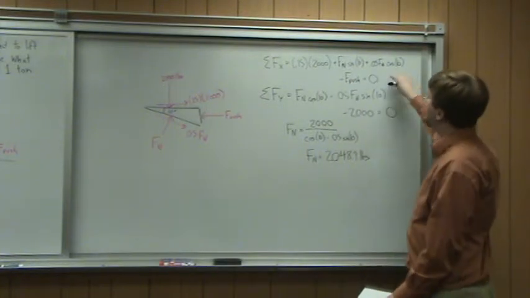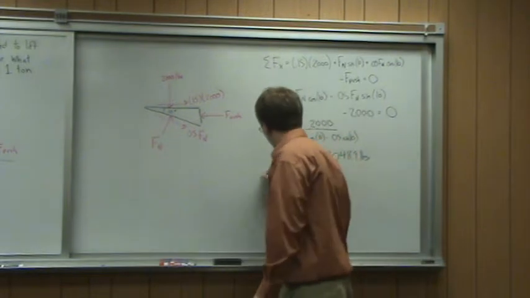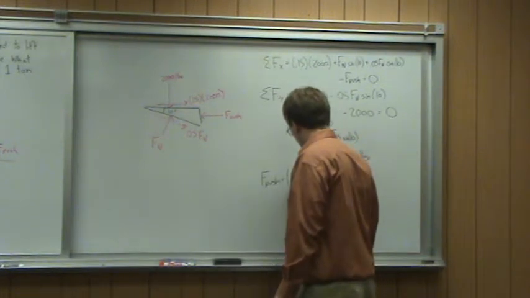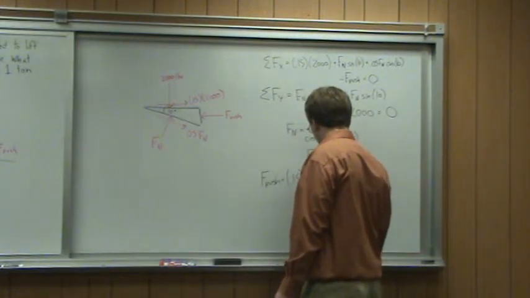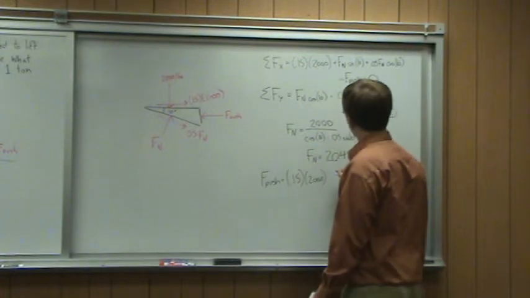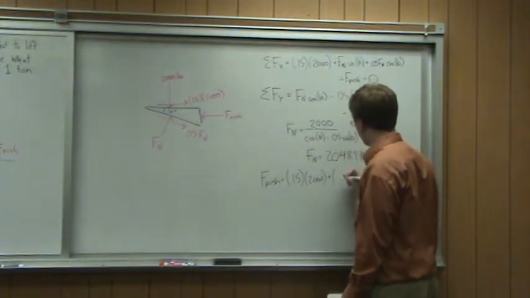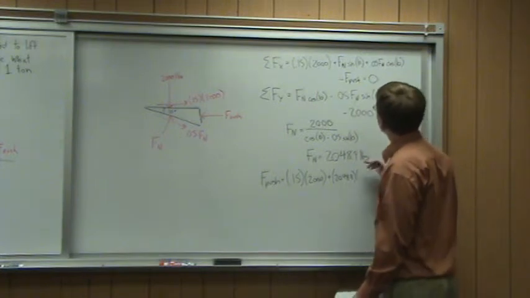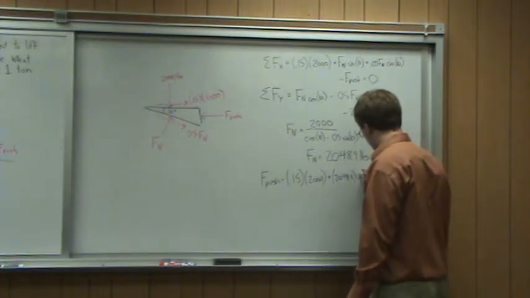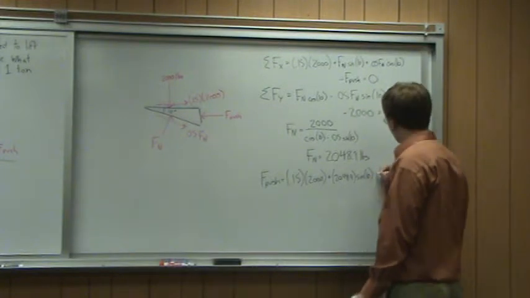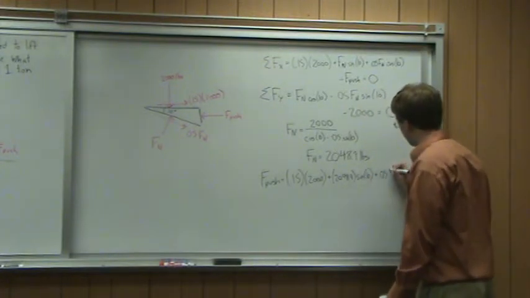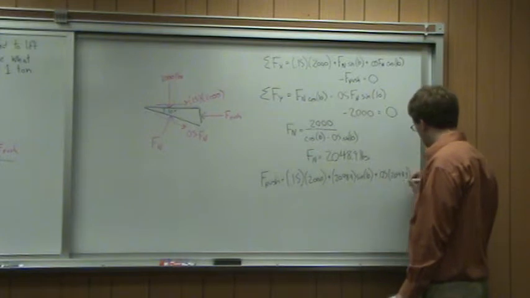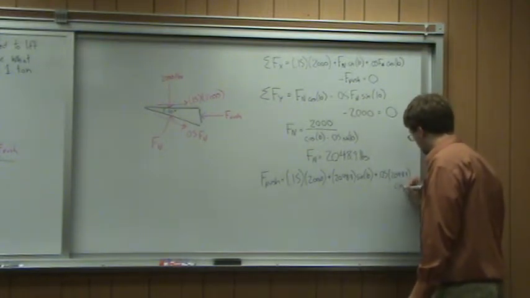And I can plug that into my top equation to solve for F push. F push is just going to be equal to 0.15 times 2,000 plus Fn, which is this 2048.9, times the sine of 10 degrees, plus 0.05 times Fn, which is again my 2048.9, times the cosine of 10 degrees.